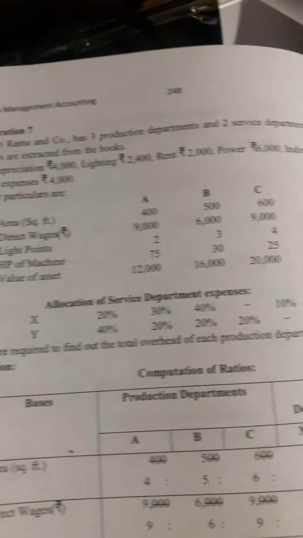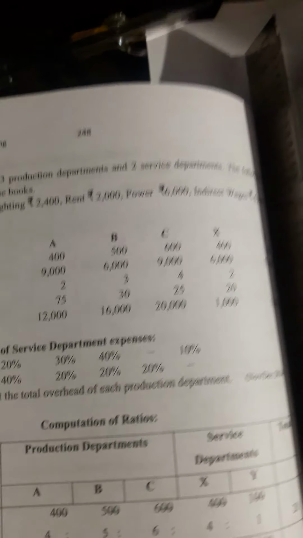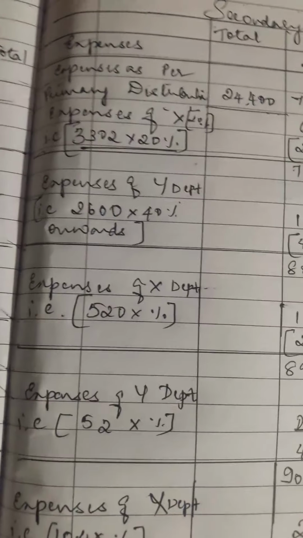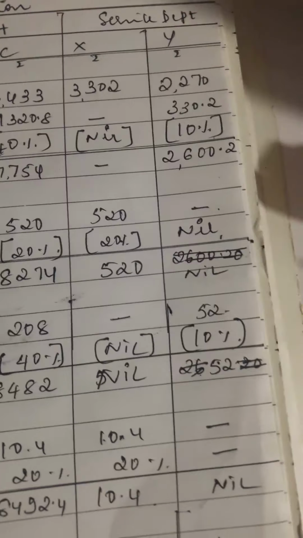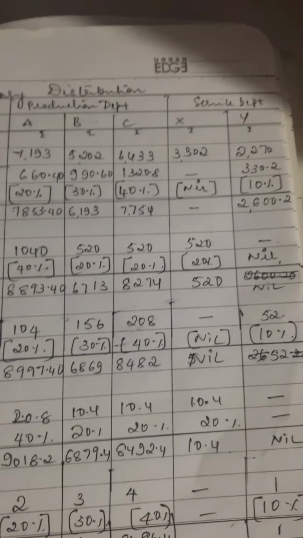Y department 40%, 20%, 20%, 20%, and for Y department it will be nil. Accordingly, I have taken expenses of Y department, that is 2,600 into 40% will be 1,040, 520, 520, 520 and nil. Why nil? Because it is Y department, we should not distribute to the same department. So it will be nil.